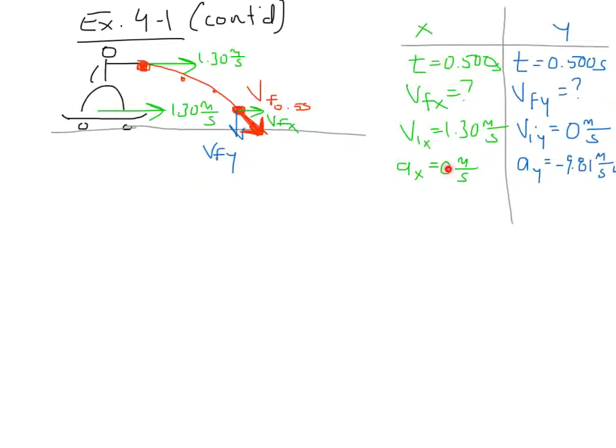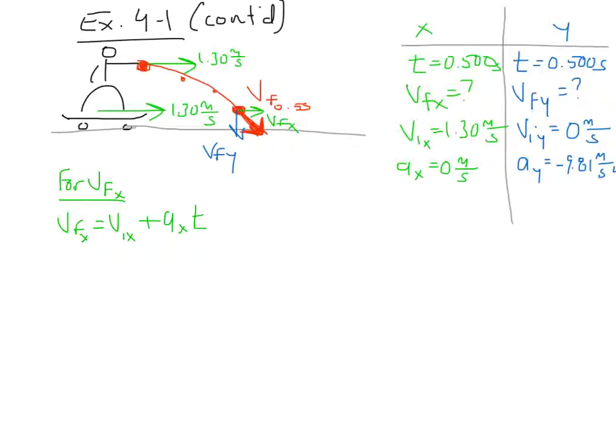All right, and so for v final in the x direction, we can say that v final in the x equals v initial in the x plus acceleration in the x times time. Wait a minute, what's wrong here? Well, there's nothing wrong. We just did too much.